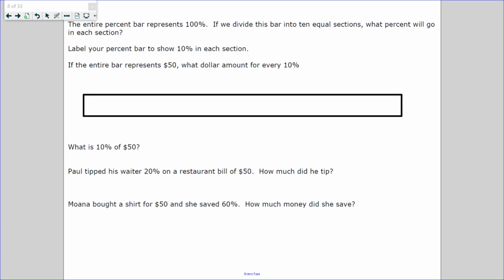So taking what we know from the previous one, let's try to represent it with money now. The entire bar represents 100%. We divide this bar into 10 equal sections. So each section would be 10%.